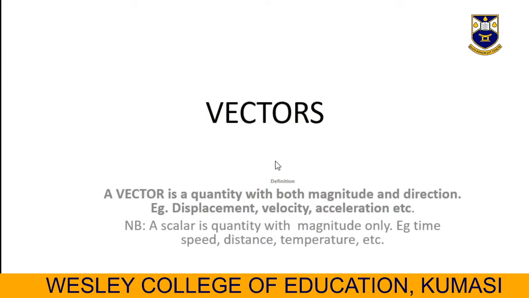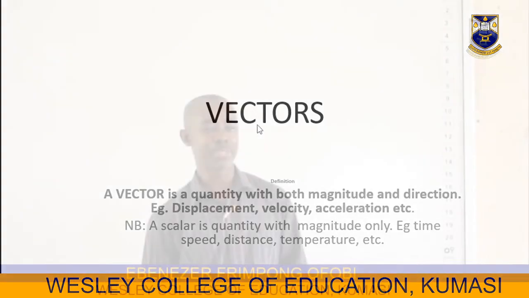When we talk about vectors, I want to demonstrate something. If you are asked to move 2 steps, somebody will just move backwards, 1, 2. The person is right. Another person may take it sideways, like 1, 2.